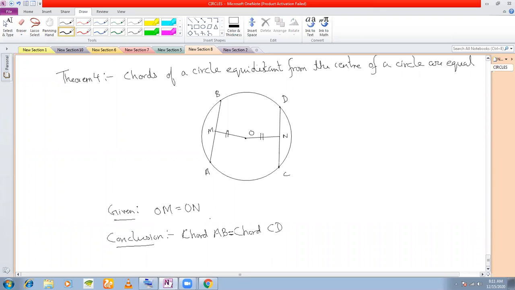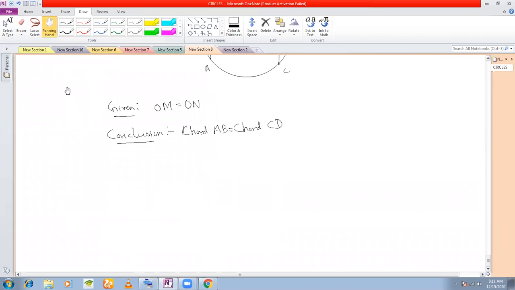Let us look at the next theorem and the last theorem. This theorem in itself is not important, but the deductions from this theorem are very important. The theorem states that through any 3 points there can be a unique circle through them.